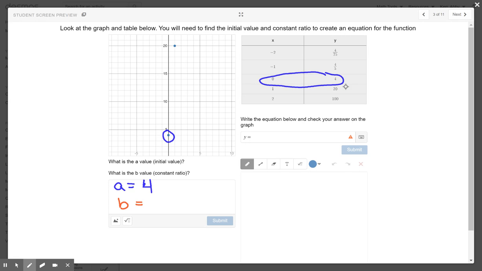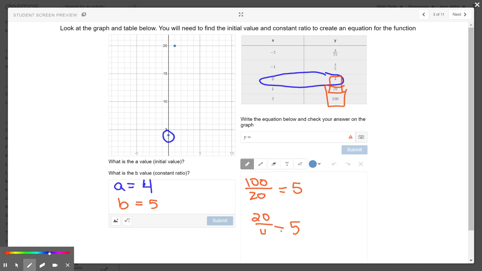And how you do that, you work backwards. So I'm going to do 100 divided by 20. And I'm going to get 5. You could do 20 divided by 4 and get 5. That is going to be your B value.